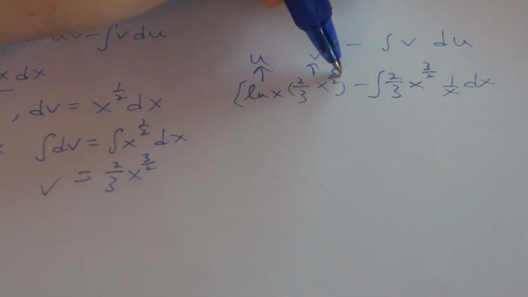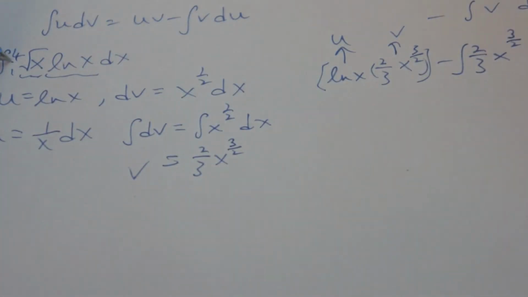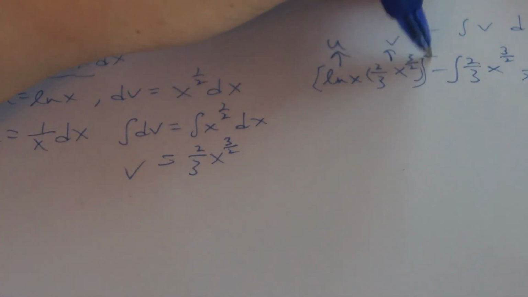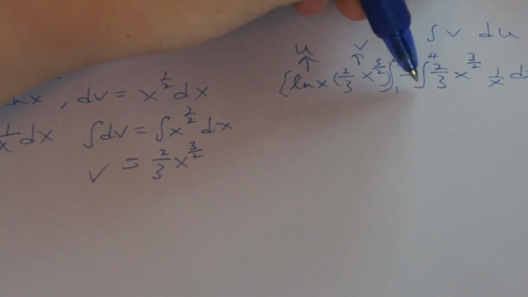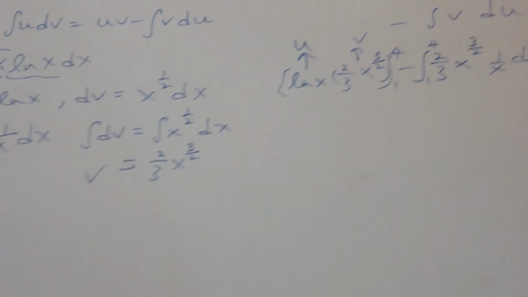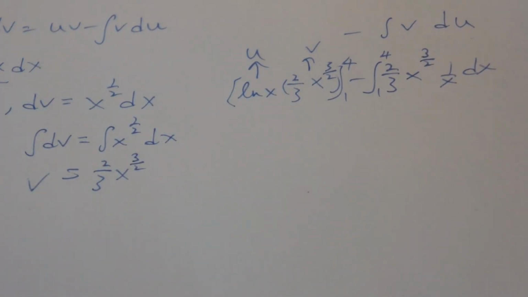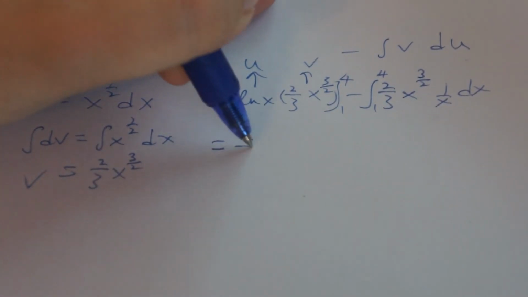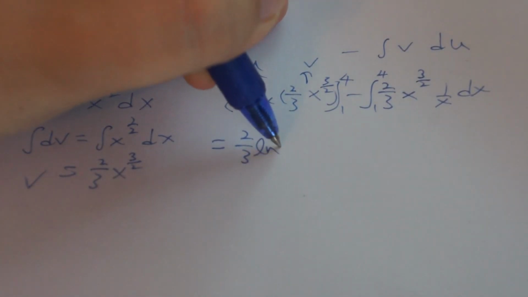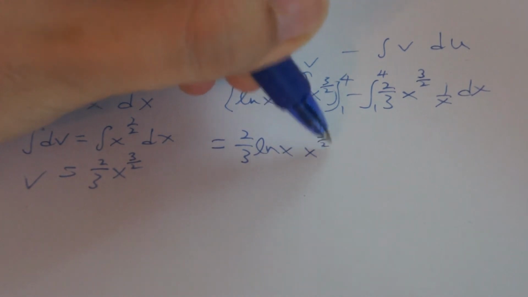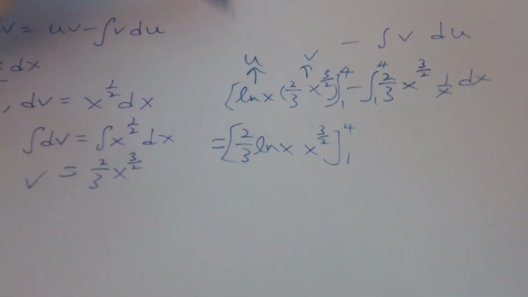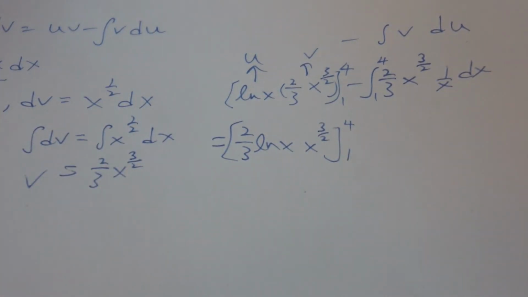Well, this one, we need to substitute back for 1 first. Here you also need to write down 4 and 1, because this is a definite integral. So 2 over 3 ln x times x to the 3 over 2, from 1 to 4.